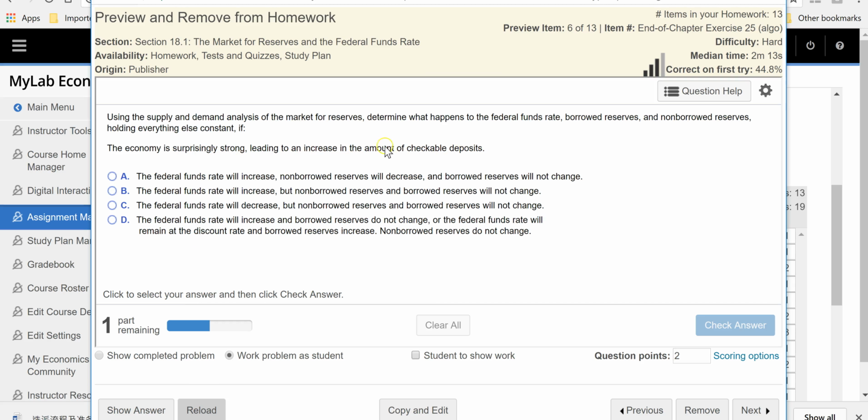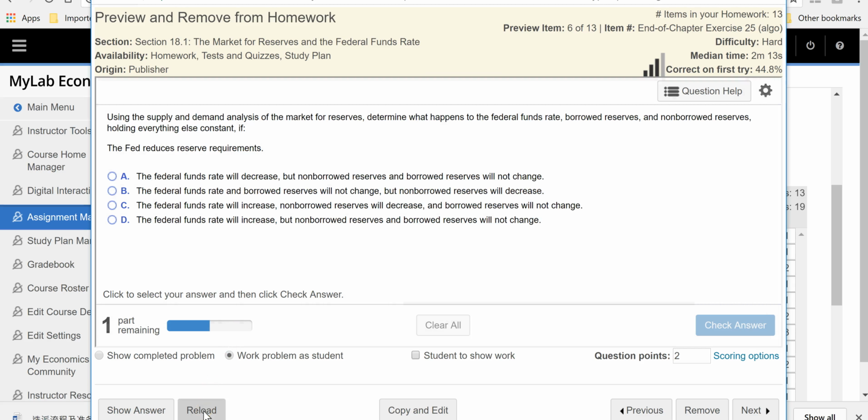Again, I skip this part, and this goes back to our original version, reduces reserve requirements. And this part is the new one. The Fed raises the interest rate on reserves above the current equilibrium federal funds rate.